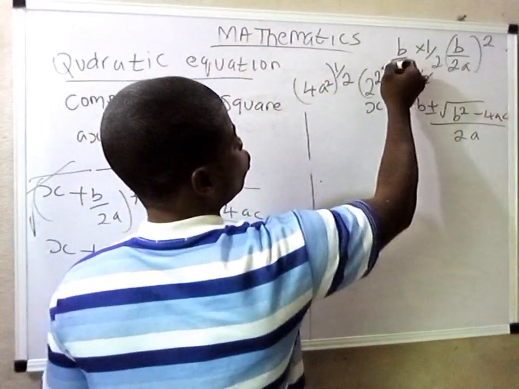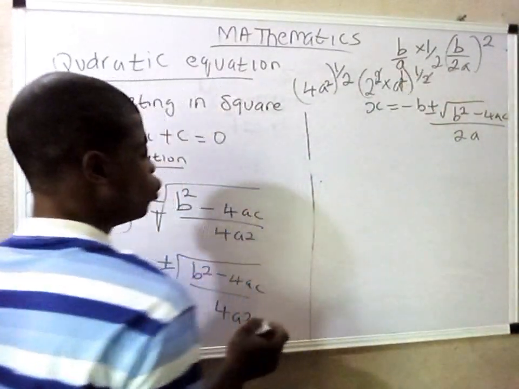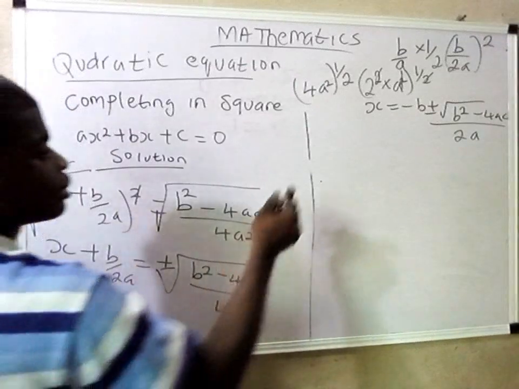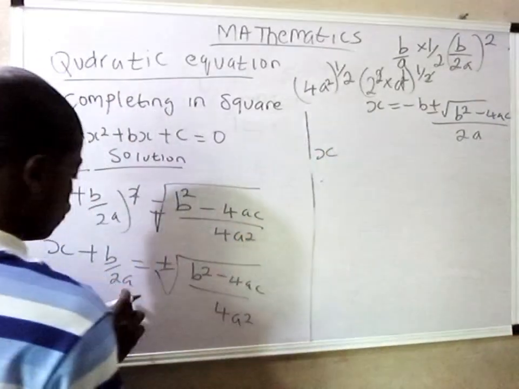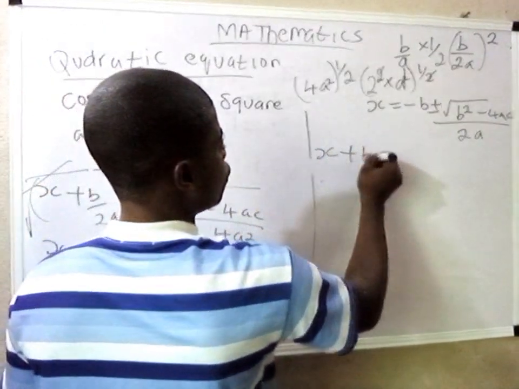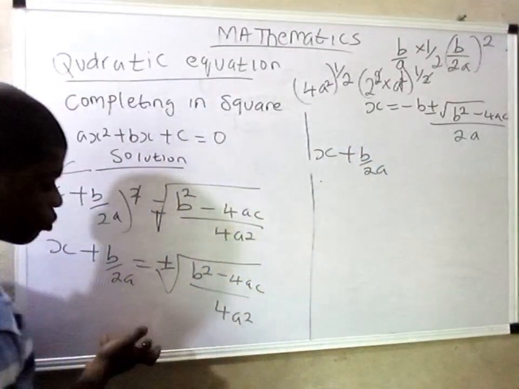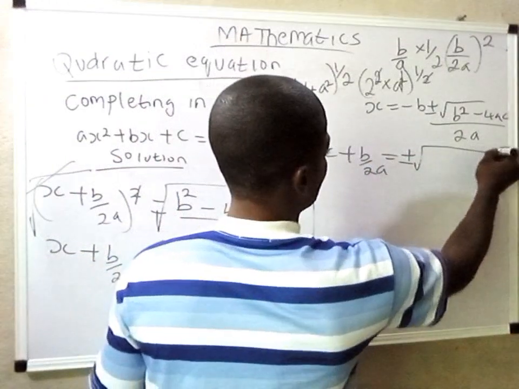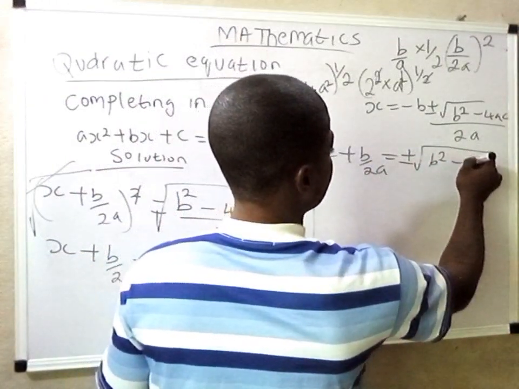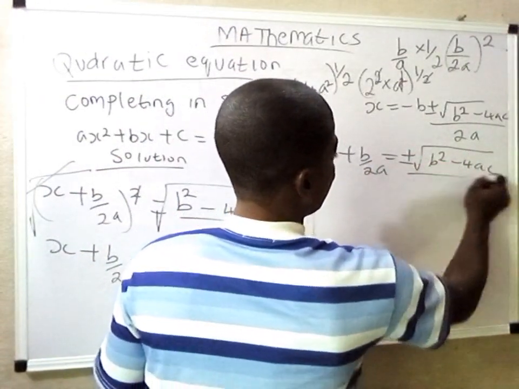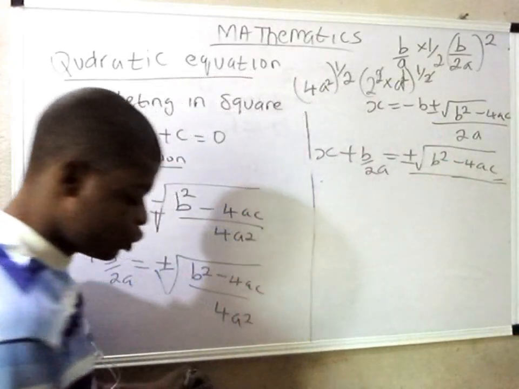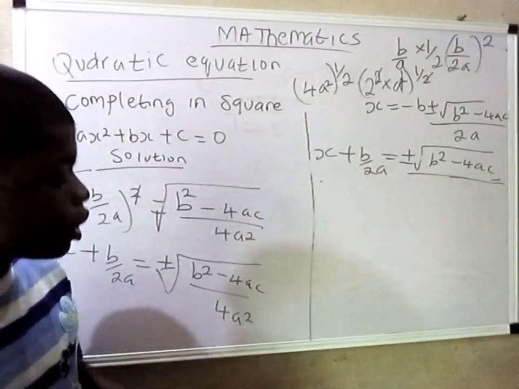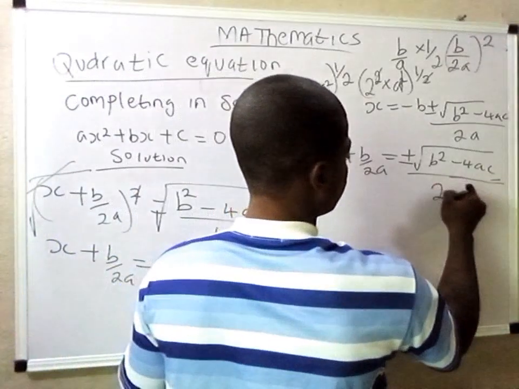So 2 cancels 2, and the power cancels the square. Mind you, the square root of 4a squared is 2a.